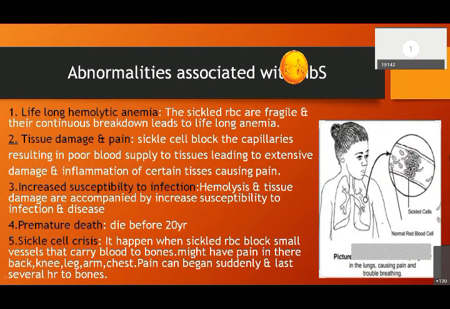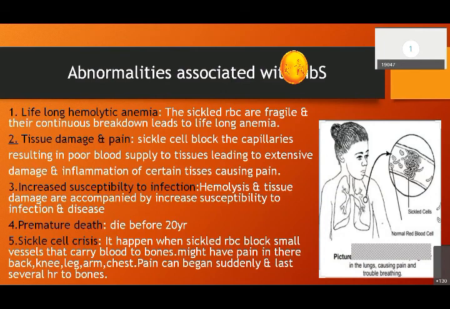Now we'll see the abnormalities which are associated with this disease. First is lifelong hemolytic anemia. In this, the RBCs are fragile, so there is continuous breakdown and lysis, which leads to lifelong anemia. Then second is tissue damage and pain. In this, the sickle cells block the capillaries because of their shape, resulting in poor blood supply to tissue, leading to extensive damage and inflammation of certain tissue, which causes pain.